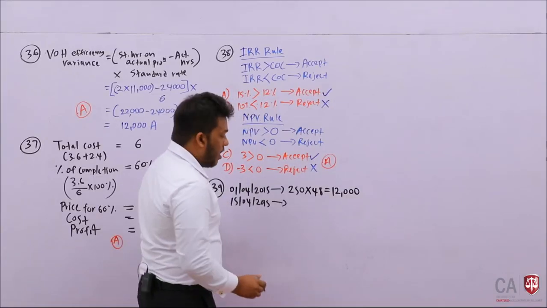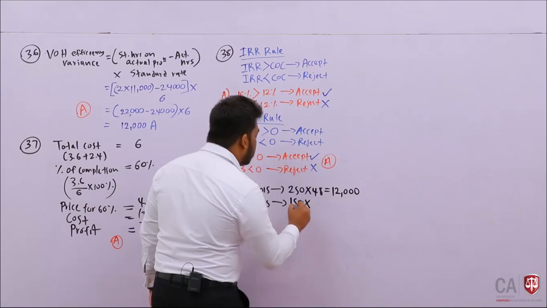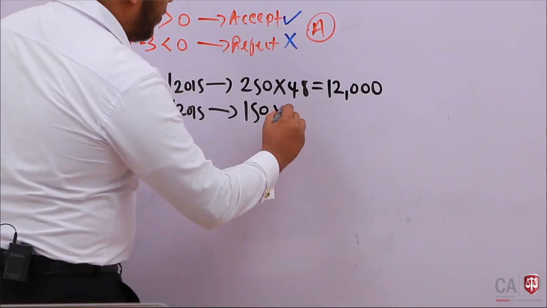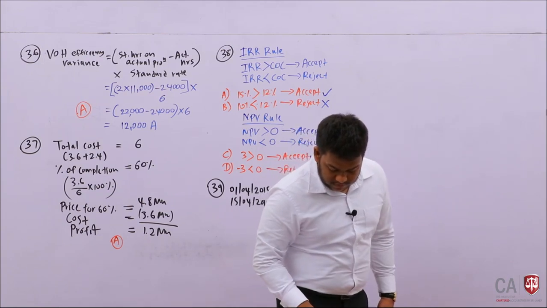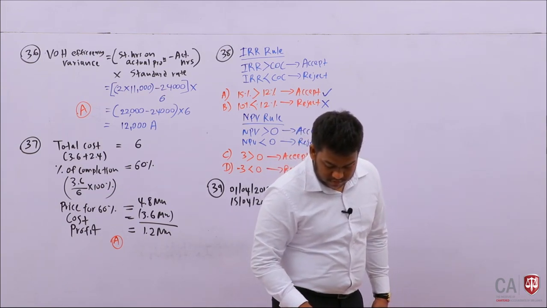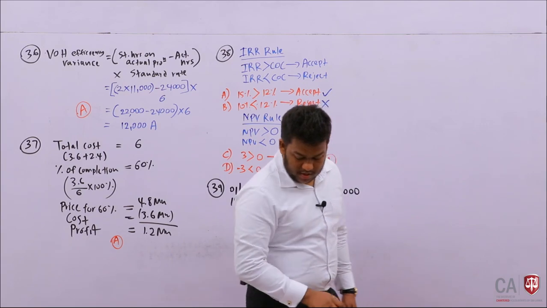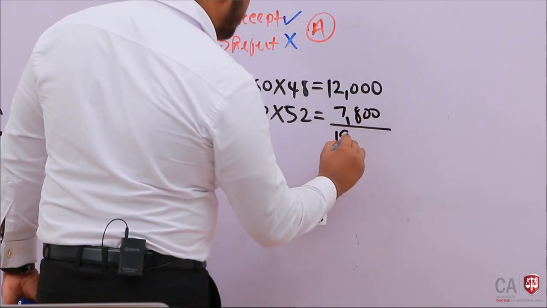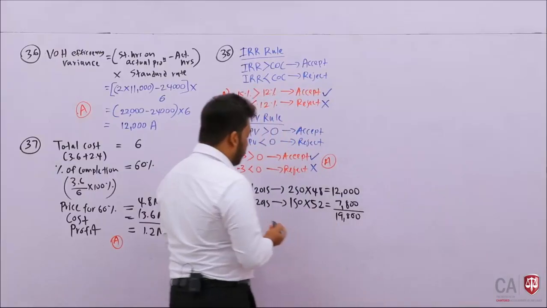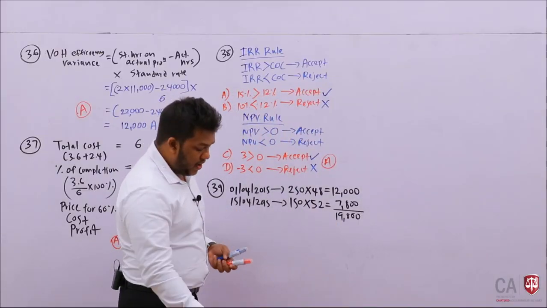Then 150 is purchased at 52. Then the value of this is how much? 7,800. So the total of this is how much? 19,800. How to calculate the WAC?